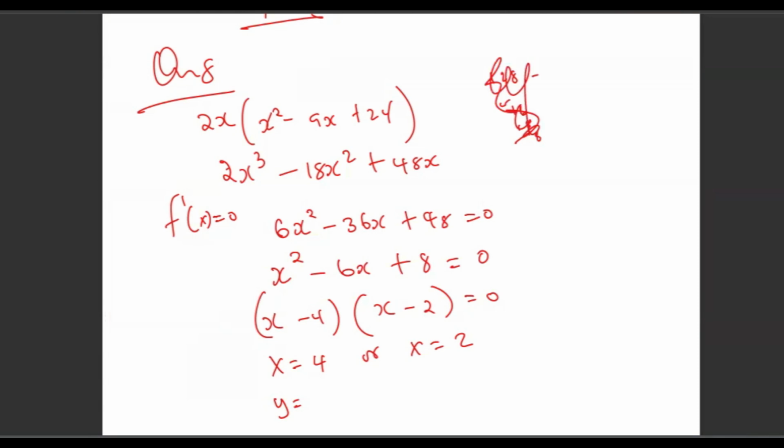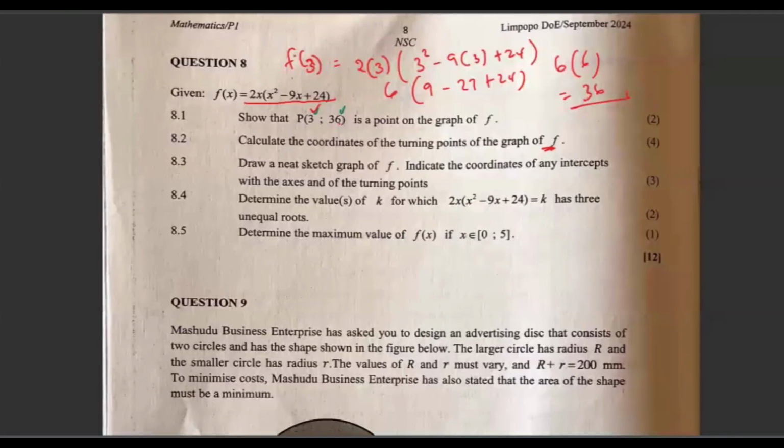If I substitute x equals 4, I end up with 32. And then if I put a 2, that's 8, 16 minus that plus 96, I have 40. Okay, so those are the coordinates of the turning points. Then they want us to draw a neat sketch, indicating the coordinates of the intercepts, they said any, and the turning points.